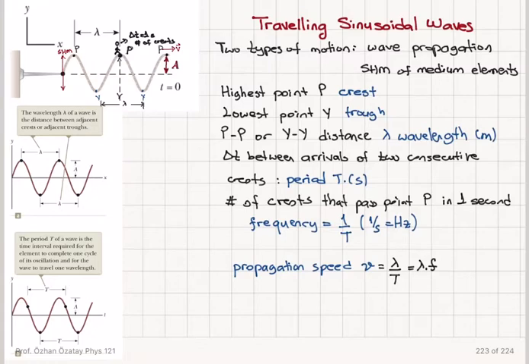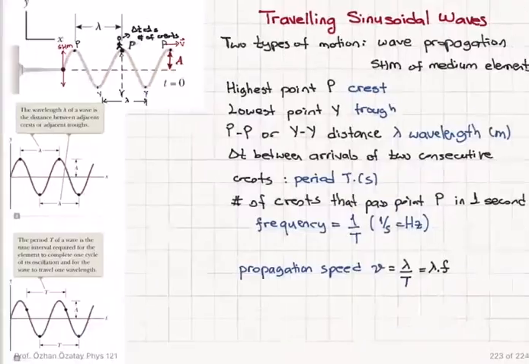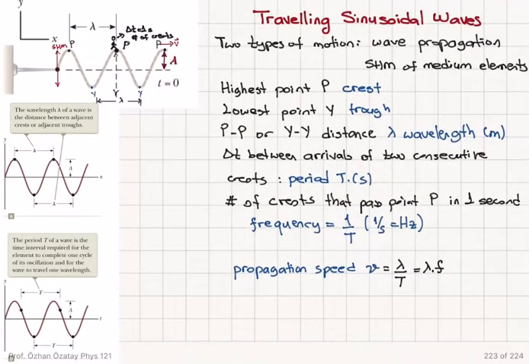So now I would like to obtain an expression for the wave function that describes this traveling sinusoidal wave. How can I do this? First of all, if this wave is propagating to the right, as we have shown here, I know that the wave function has to have the form y of x, t equals f of x minus vt.